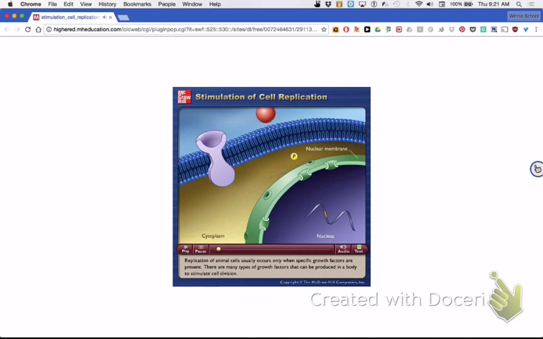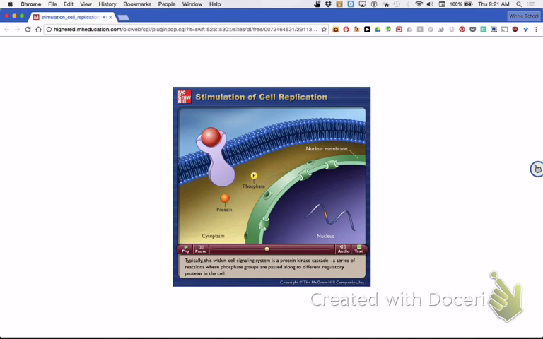Replication of animal cells usually occurs only when specific growth factors are present. There are many types of growth factors that can be produced in a body to stimulate cell division. If the right growth factor is present for a given cell type, it will match up precisely with a specific cell surface receptor and bind to it. The binding of a growth factor to a receptor starts production of signals within the cell.